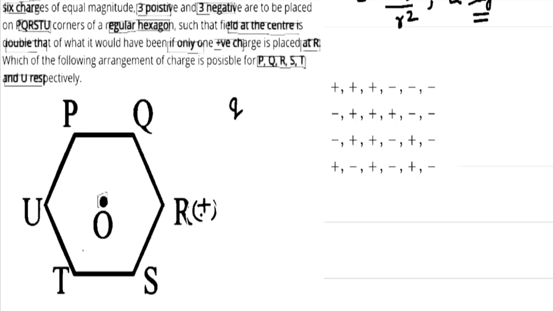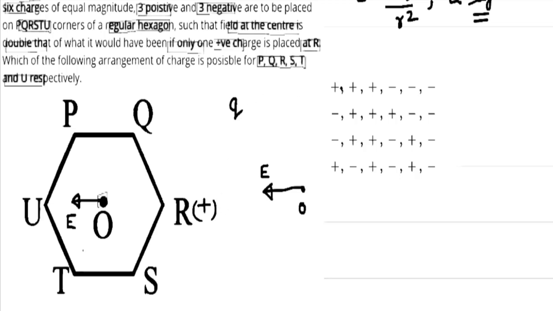Due to a positive charge, the electric field always acts away from the positive charge, so the direction of the electric field at the center will be in this direction, with magnitude E.